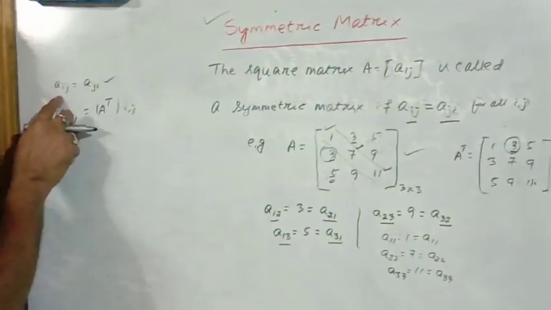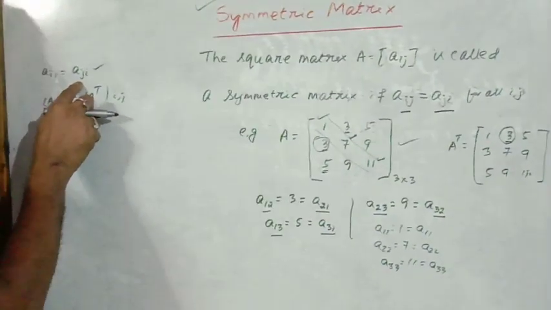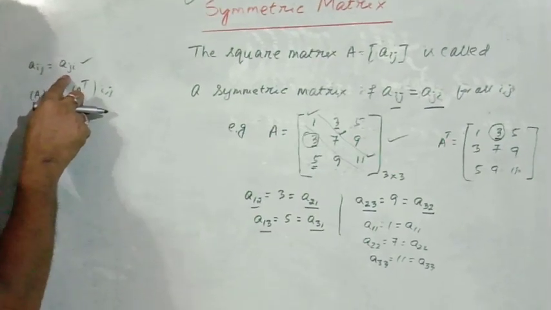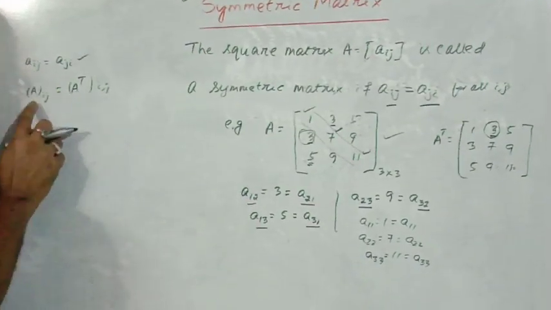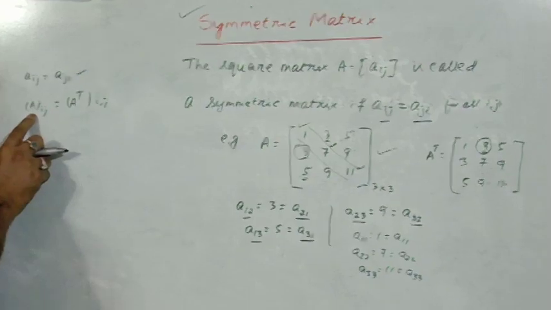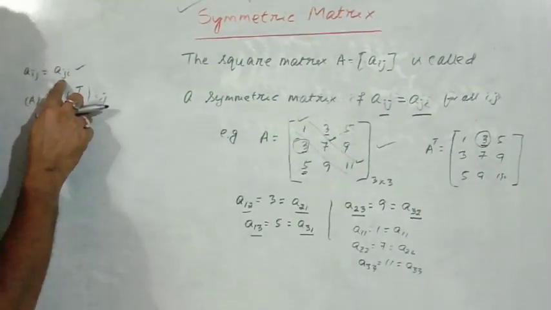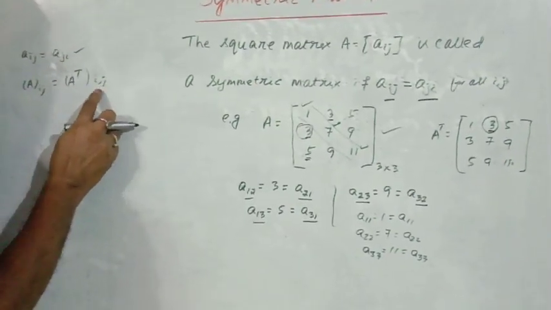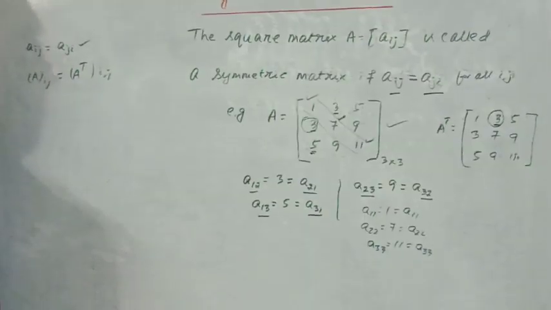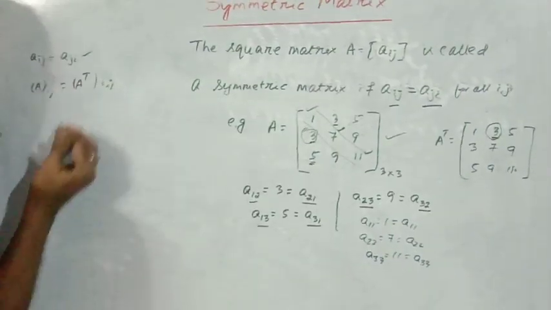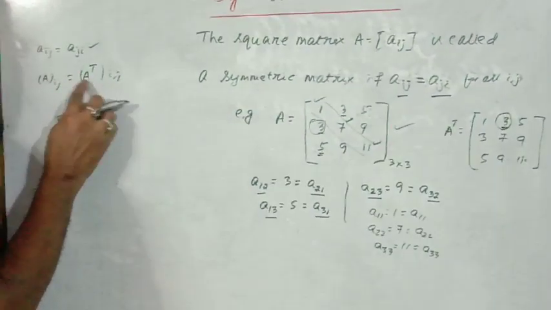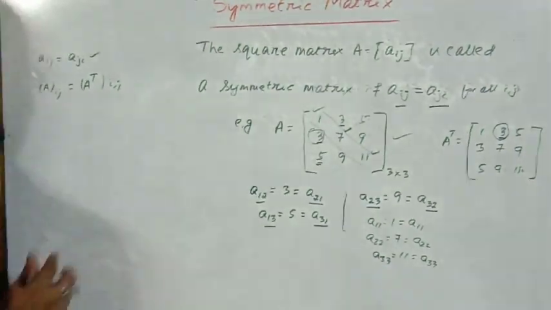So here you see that Aij must satisfy the condition Aij equals Aji. Aij is the ijth element of the matrix A, and Aji is the ijth element of A transpose. They are of the same order and their corresponding elements are the same.